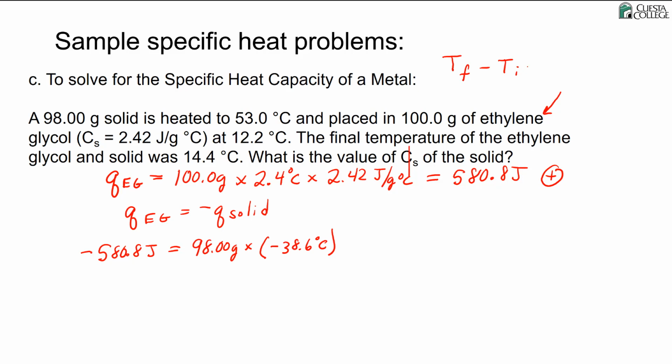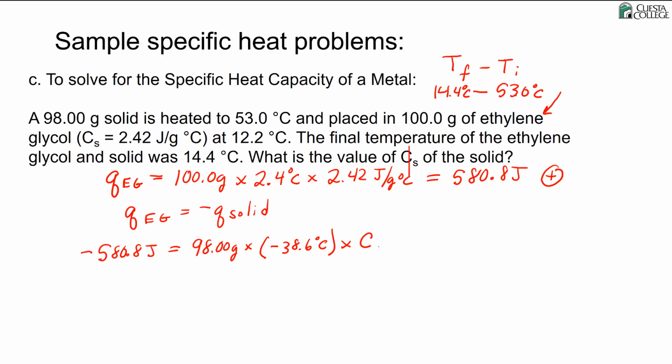So in this case, that would be the initial temperature of 53.0 degrees subtracted from the final temperature of 14.4 degrees, because that was the temperature that the solid eventually fell to once it cooled off as it warmed up some of the ethylene glycol.